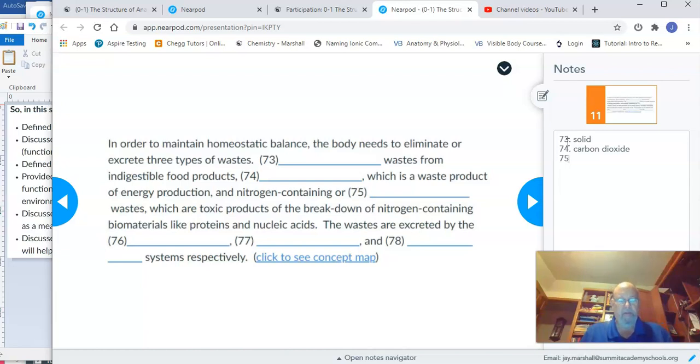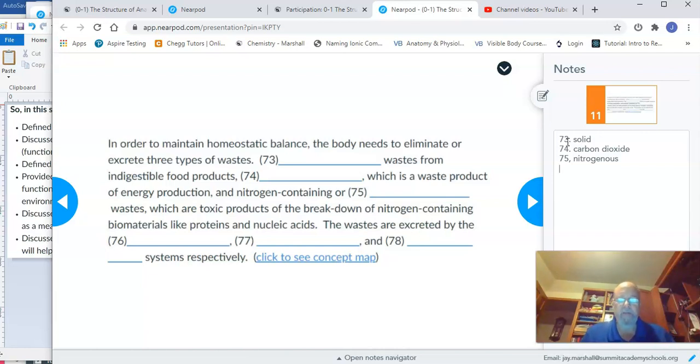You're aware of this from cellular respiration. And then I need to break down nitrogen containing or nitrogenous compounds, which are toxic products of the breakdown of nitrogen containing biomaterials like proteins and nucleic acids.